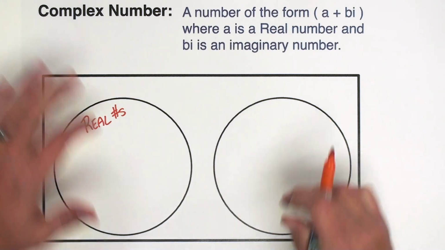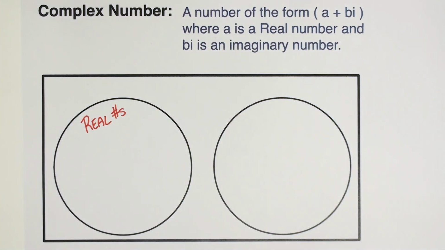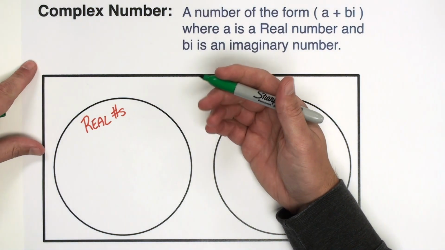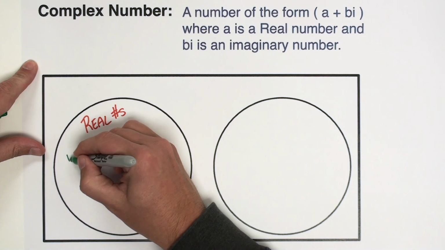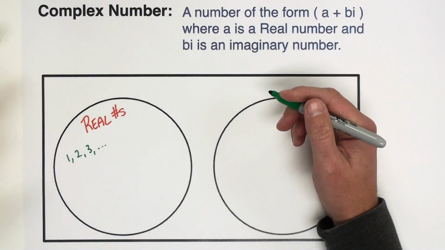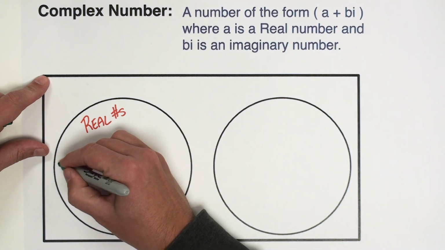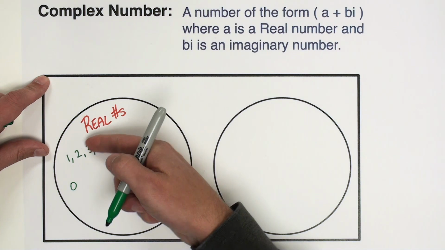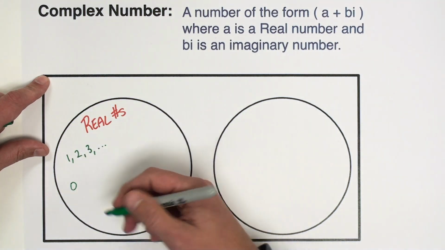They all fit inside that circle. And so some of your real numbers were like your counting numbers, you know, like 1, 2, 3, etc. Those are real numbers. You can include 0. So we go from natural numbers to whole numbers when we include 0.